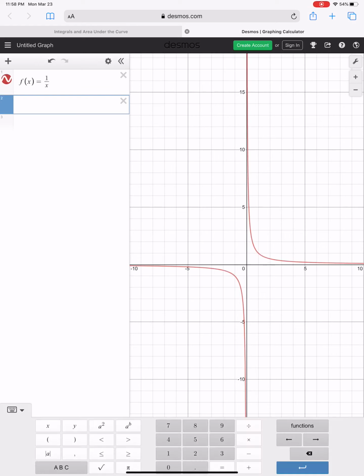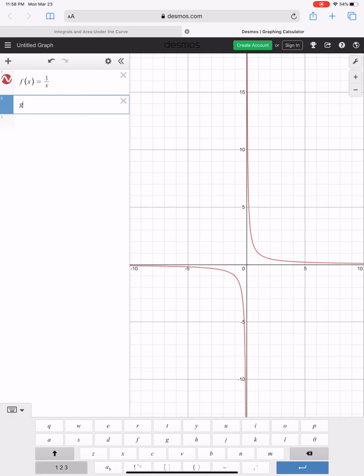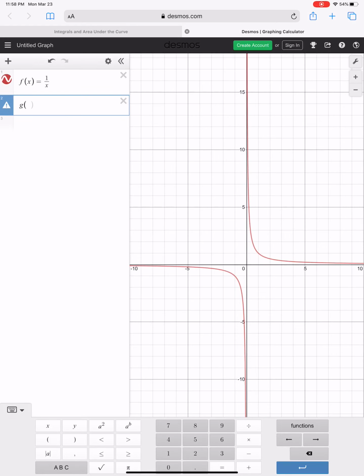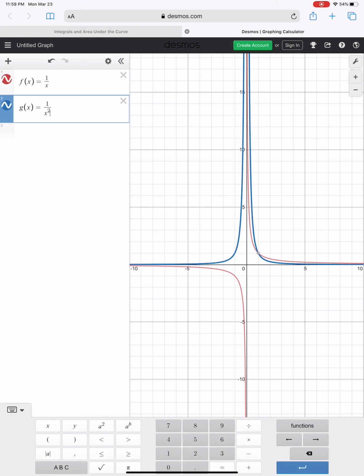We'll do another one, g of x equals 1 over x squared.